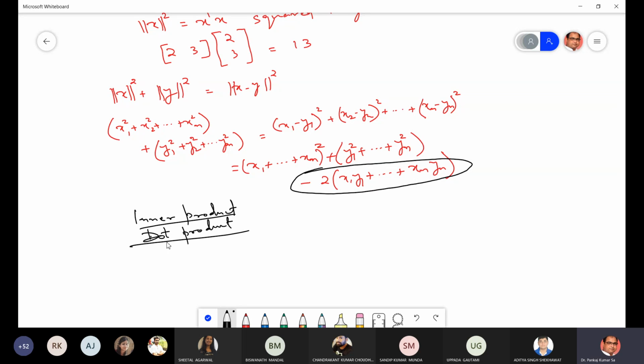Simply we say x dot y, or we say x transpose y. If this x transpose y is equal to 0, then x, y are orthogonal.